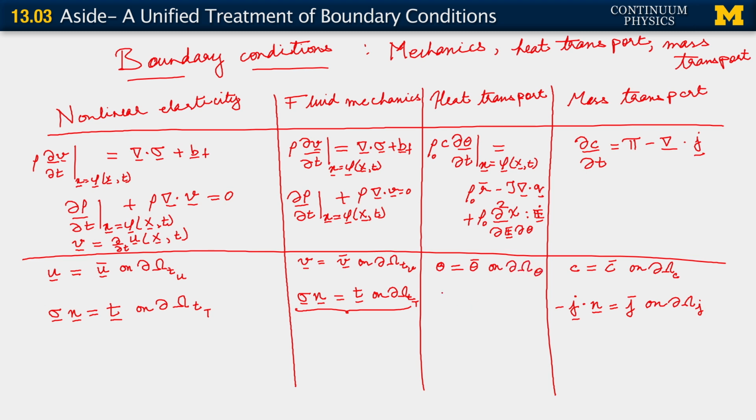And the heat flux, minus Q dot N equals, I think we called it Q naught, on partial omega, we did this as partial omega T sub theta. So here too we would do partial omega T sub Q.